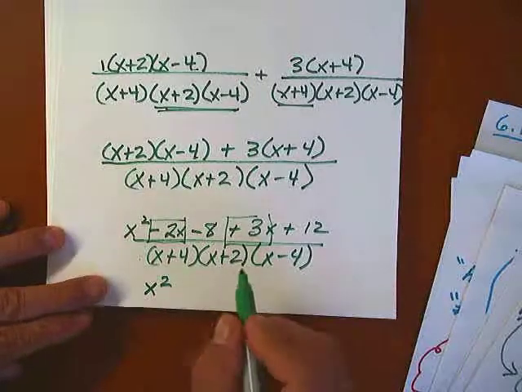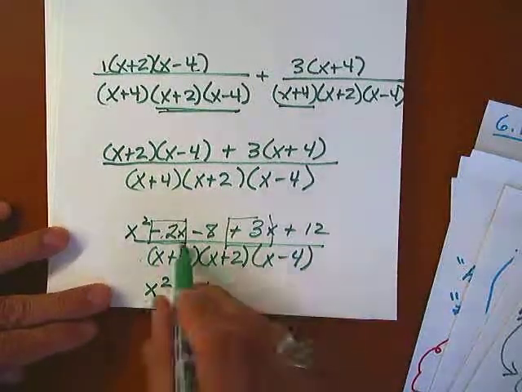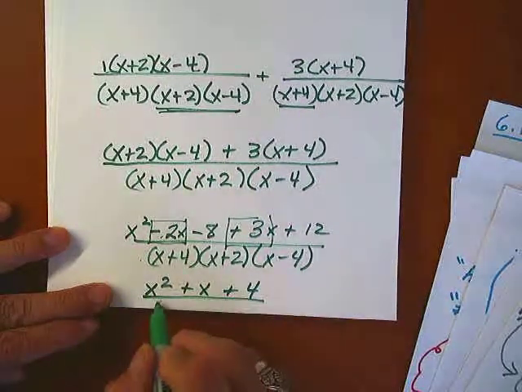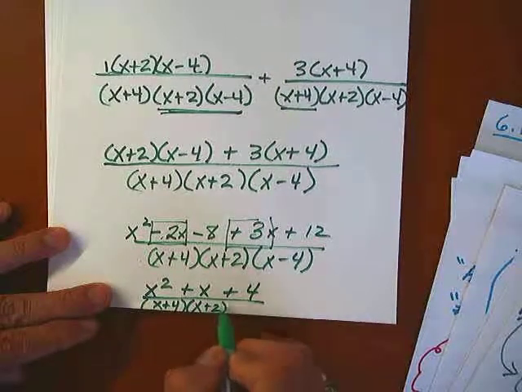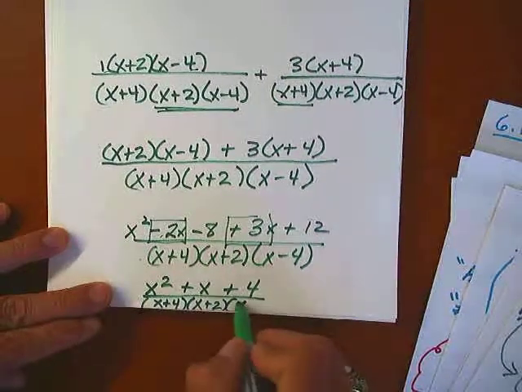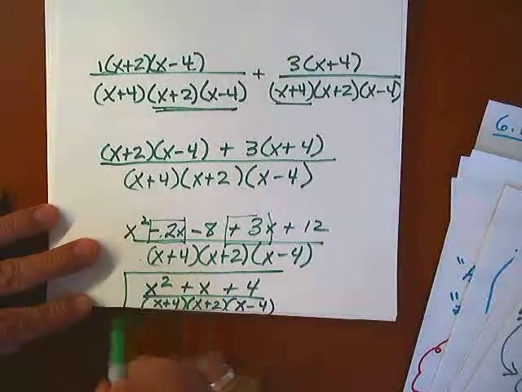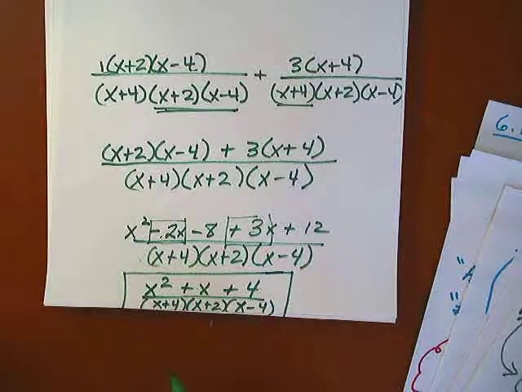And now you use the FOIL method here, distribute, combine like terms, clean it up as much as possible. So this is going to give you x squared minus 2x minus 8 plus 3x plus 12 all over x plus 4 times x plus 2 times x minus 4.